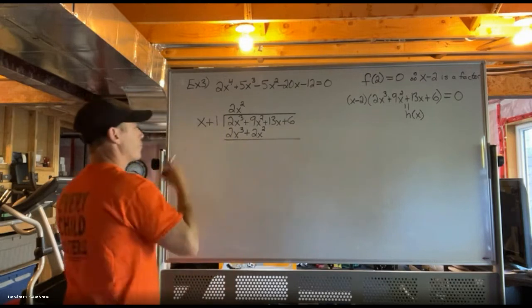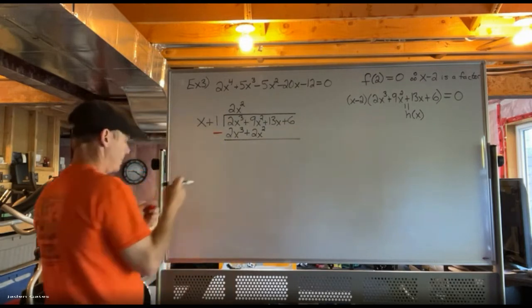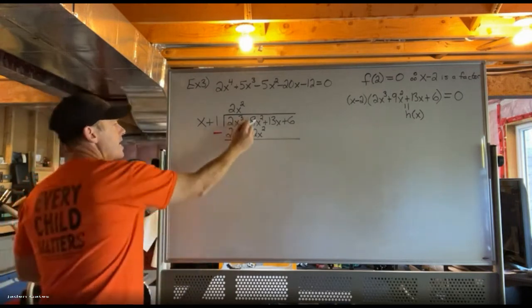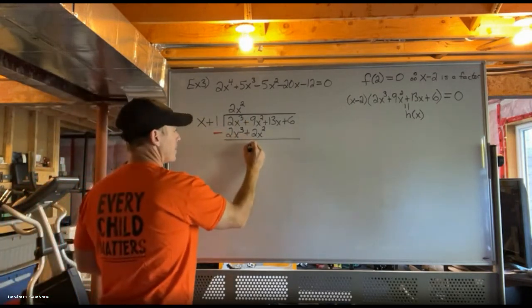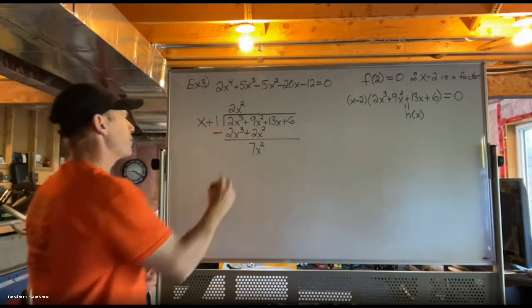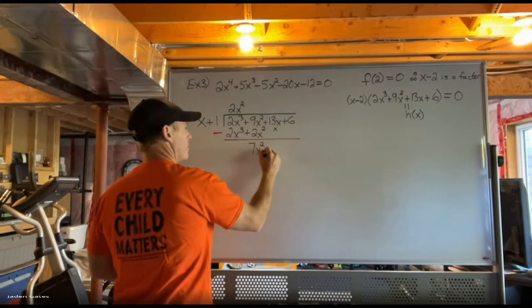Then I subtract them. I have 2x cubed minus 2x cubed. They're gone. 9x squared minus 2x squared is 7x squared. Then I drop down my 13x and my 6.